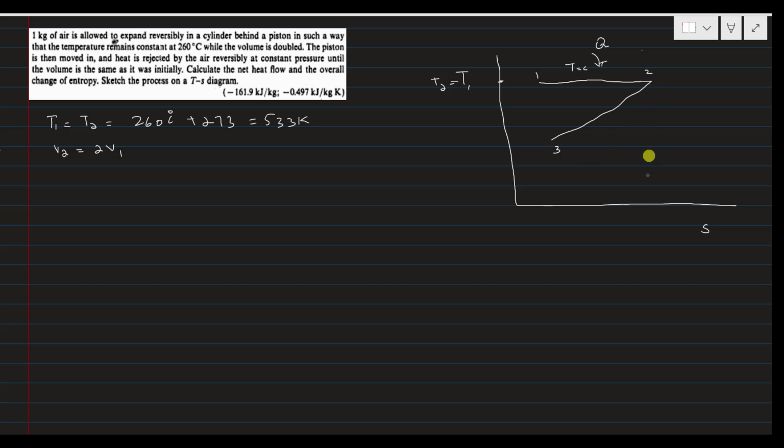At 2 the entropy is S2 and the entropy at 1 is S1. This heat rejection takes place at a constant pressure, so this is the constant pressure line. So the pressure at 2 and 3 is equal, that is P2 equals P3. Now come to the solution.